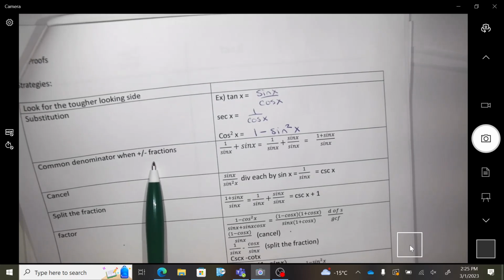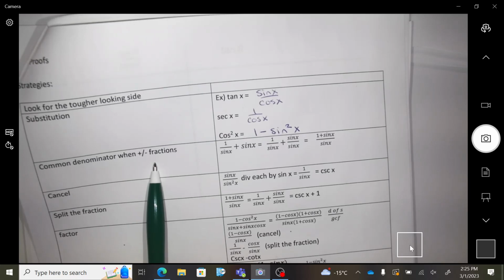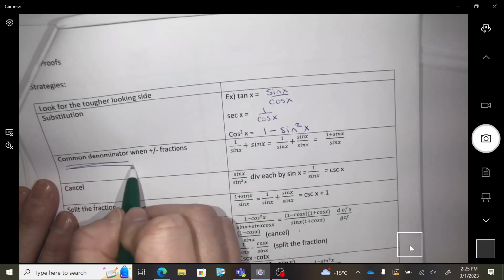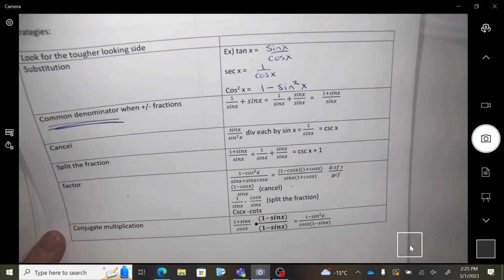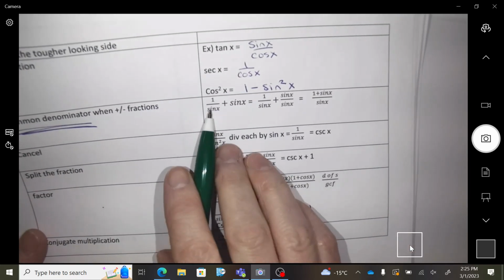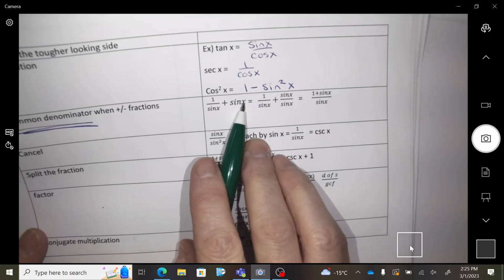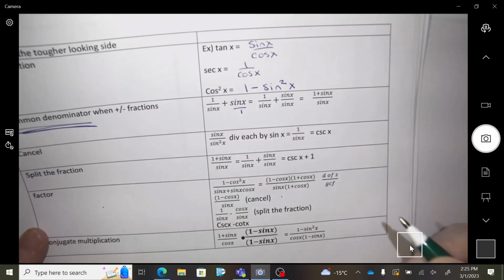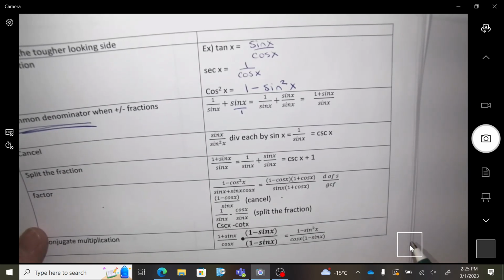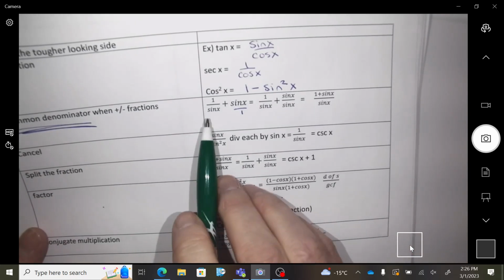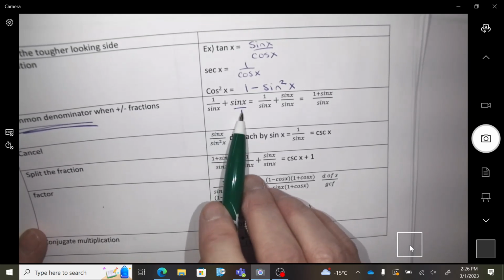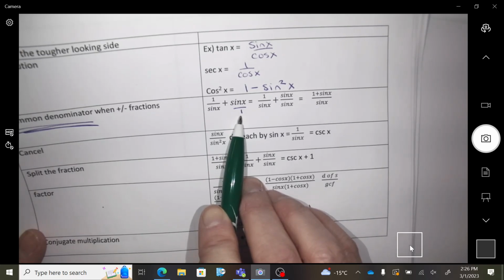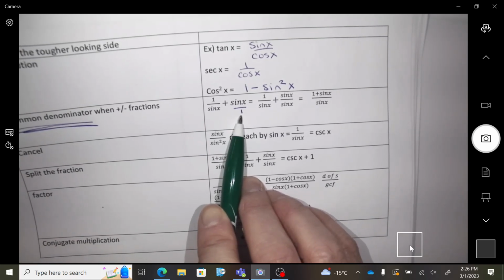You're going to have to understand how to add and subtract fractions. So when you add and subtract fractions, what's the big idea with common denominator, right? So 1 over sine x plus sine x, really, right now, that's over 1. So what do I need to have as a bottom? If this is sine x, I want to change this bottom to also be sine x, so I can put them together.